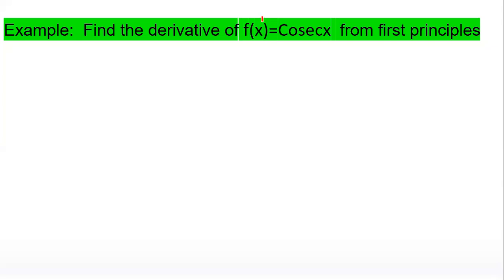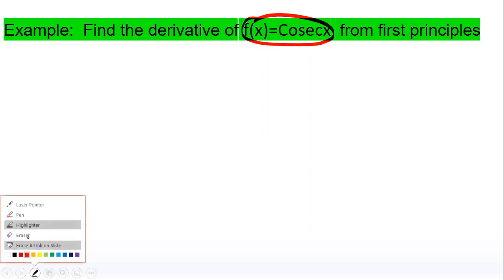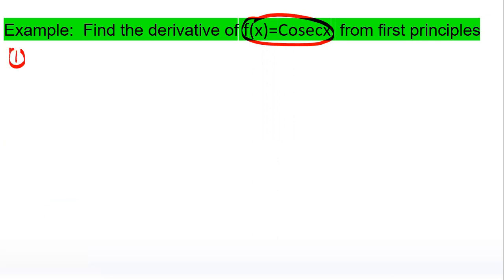Now let's take the second example. f(x) equals cosec x. How to find out its derivative using first principle. The first step is number 1: we will write down the formula. f'(x) equals limit h tends to 0, f(x+h) minus f(x) upon h.